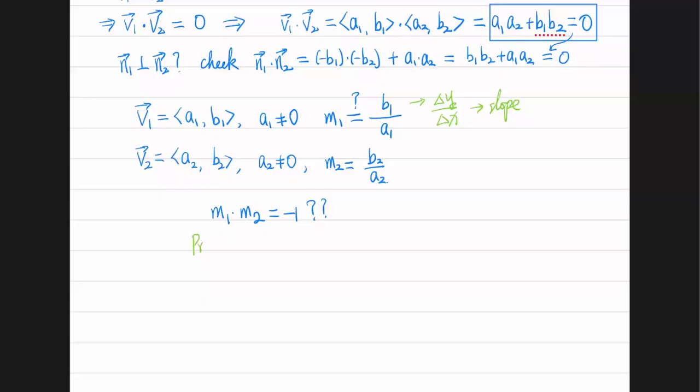Proof: A1, A2, B1, B2. We know that these two are not 0, so we will divide both sides by A1, A2. See what you get.